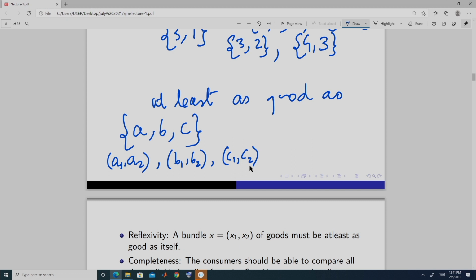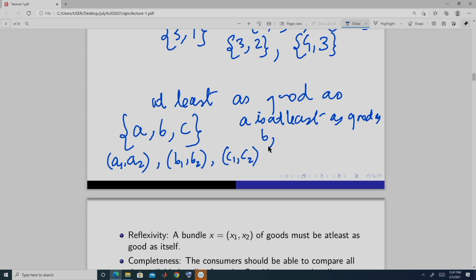And then if we define this binary relation, it means A is at least as good as B, or B is at least as good as C, and C may be at least as good as A, or C is not at least as good as A, something like this.